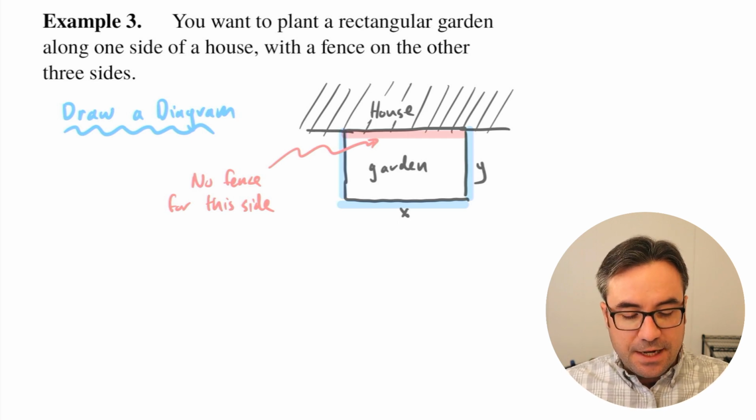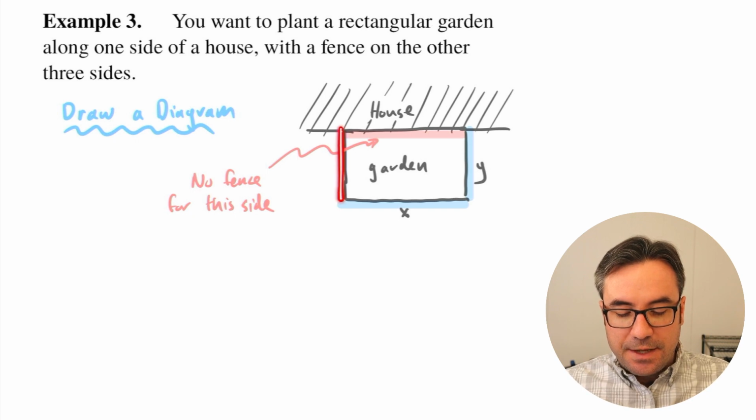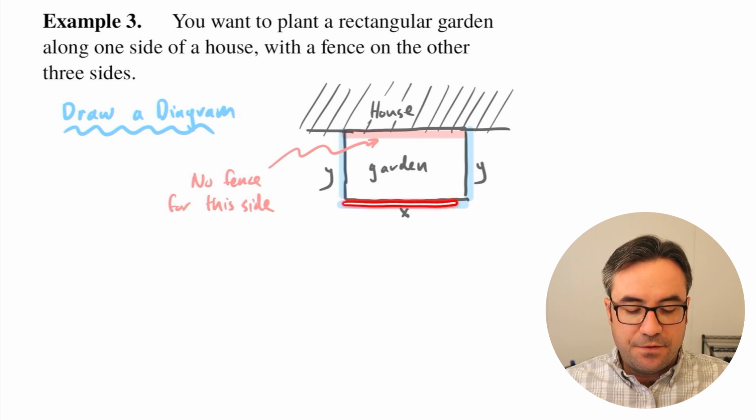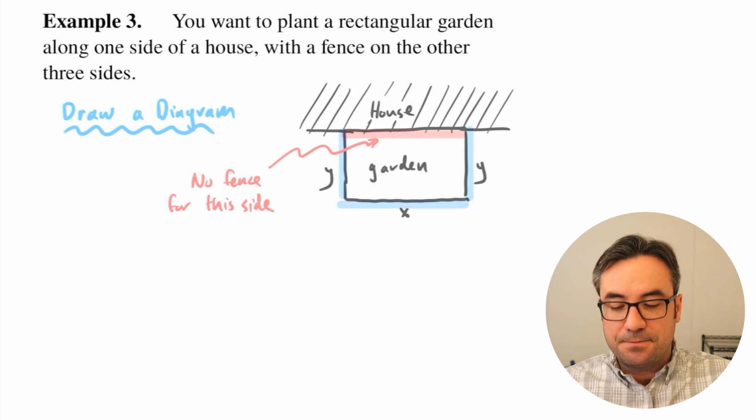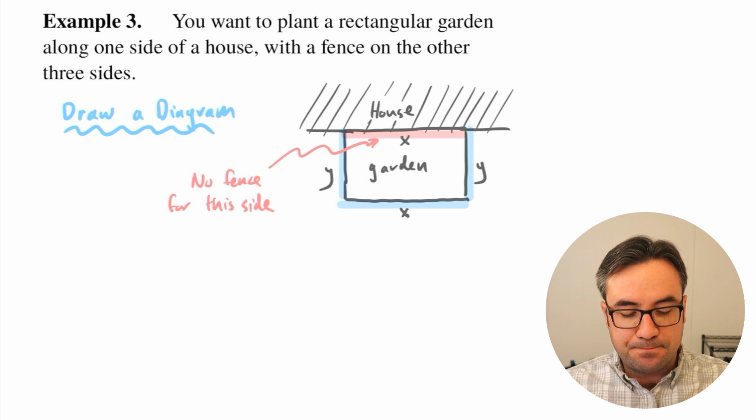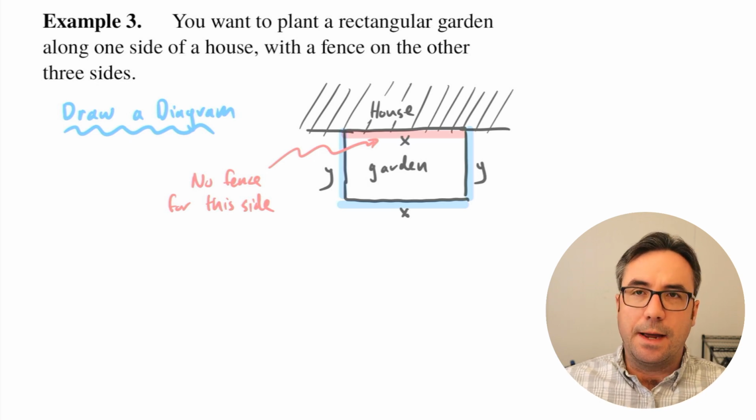So if this side is Y over here, then this side also has length Y. And similarly, if this is length X, then the opposite side also has length X. So let's label all of our sides. Okay. So draw a diagram. It's a good place to get started, just to have a little picture of what's going on, especially for these physical problems where there's actually something getting built.